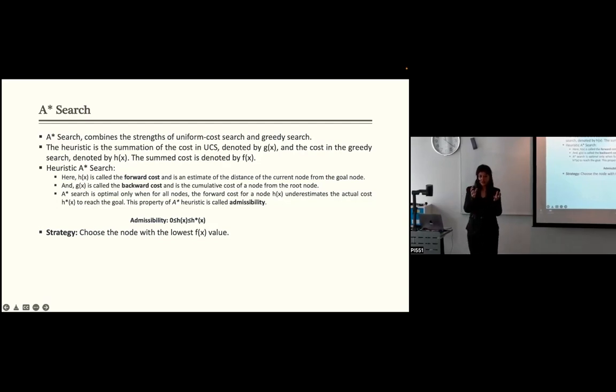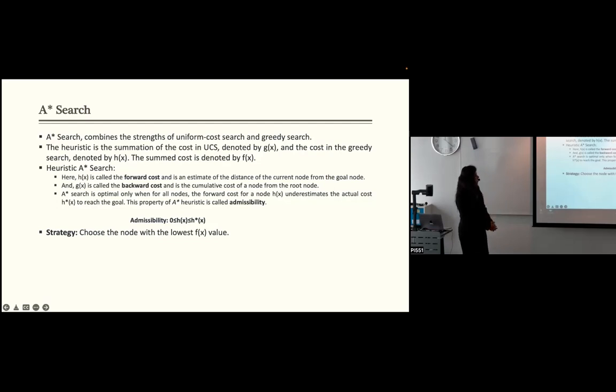It is just the cumulative sum of each of the previous edges from the source, but the heuristic function is the forward cost. What would be the distance from this node to the goal node? Accordingly, it will come up with the actionable thing for the next step.